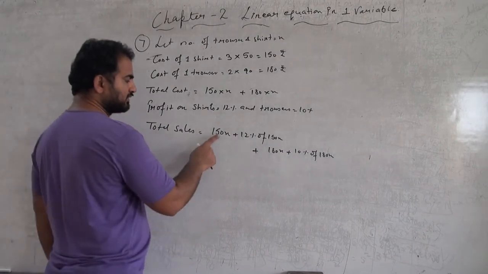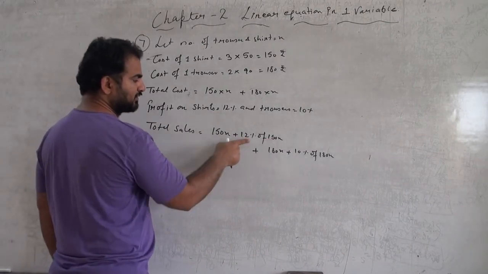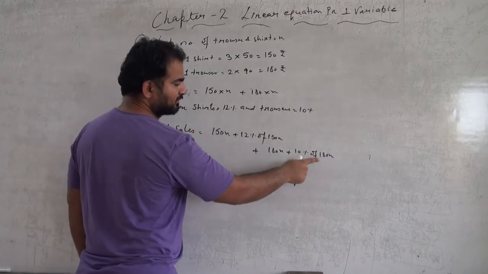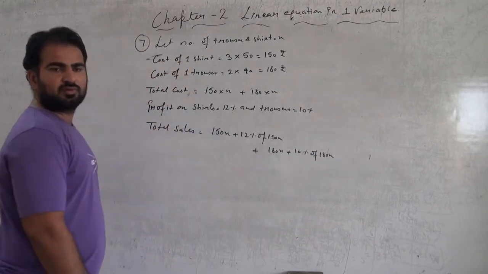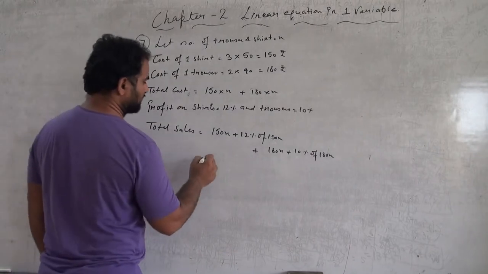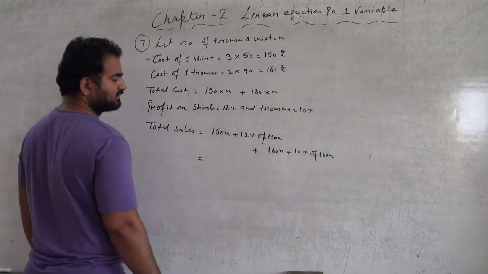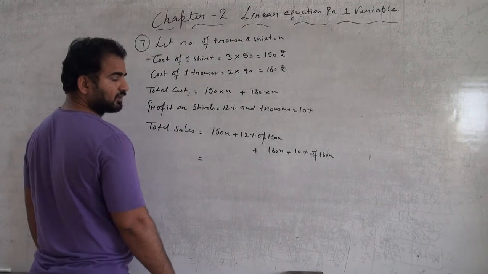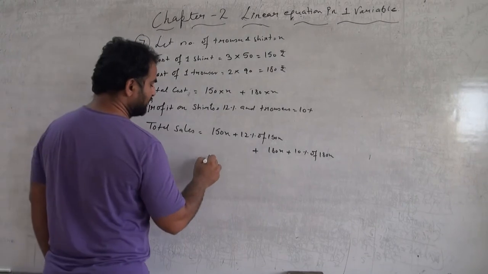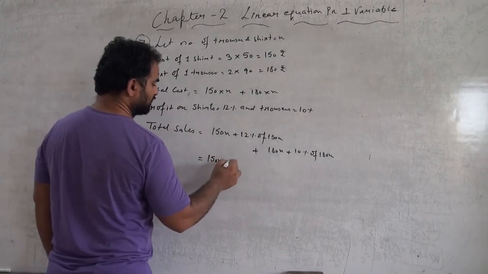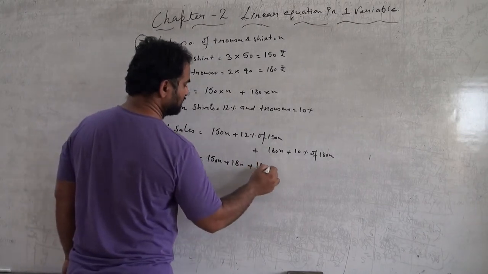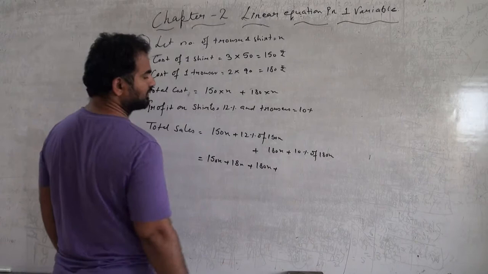So this is the cost and this is the 12% profit on shirt. This is also the cost and this is 10% profit on trousers. So what we have to do is just solve it. What is 12% of 150? It is 18. Okay, so 150x plus 18x plus 180x plus 10% of 180x.